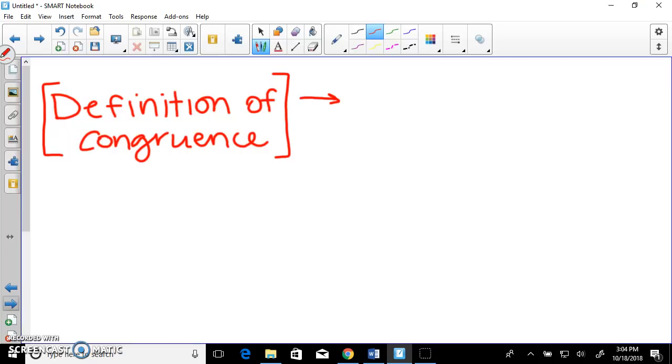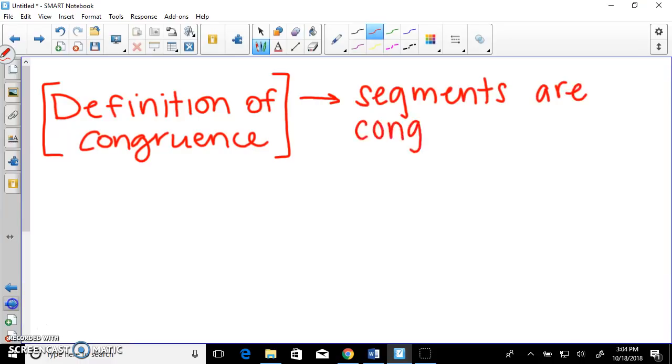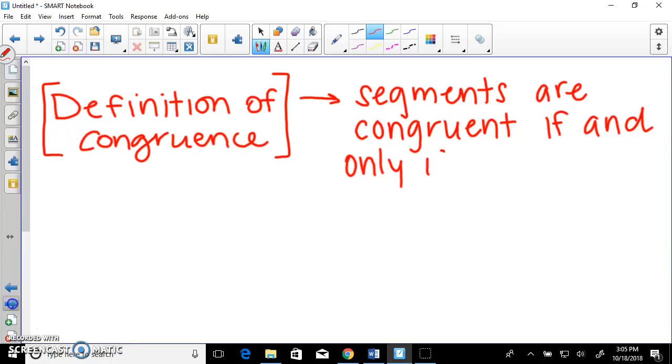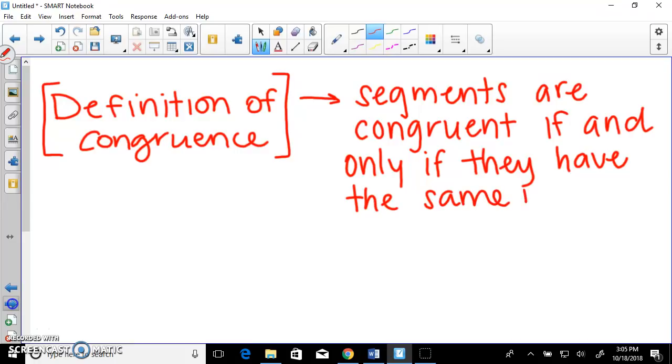It says, segments are congruent if and only if they have the same measure.